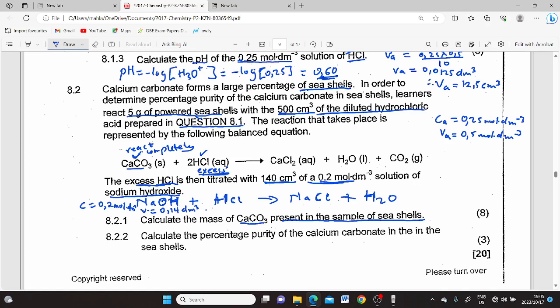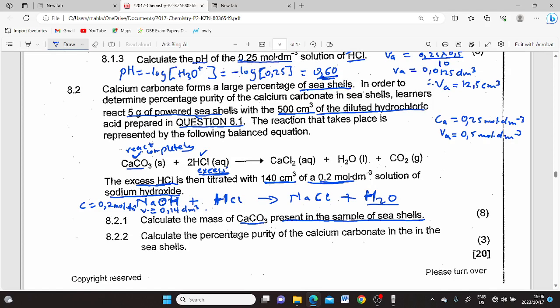Then right here it reacted directly with NaOH, and look at this, they produce H2O. So it means what is left in the system of this titration.